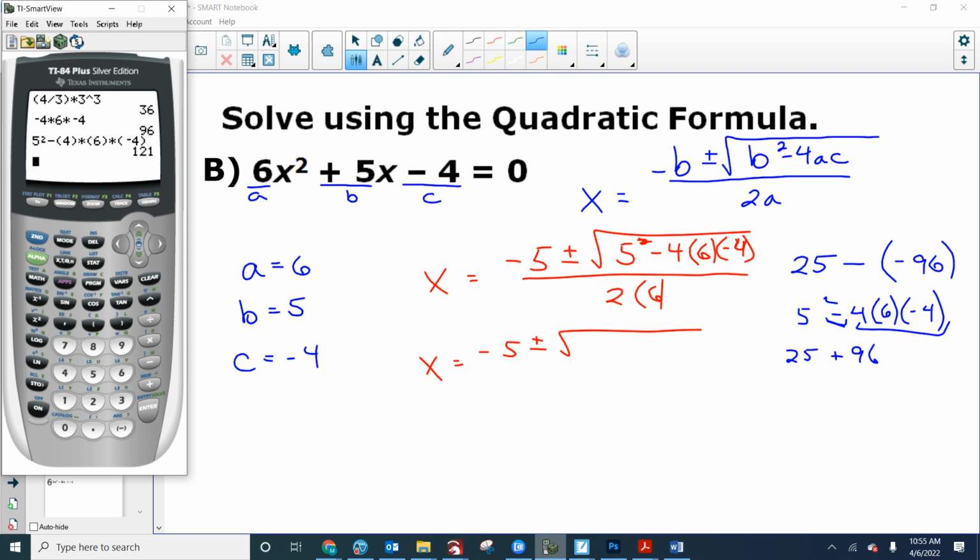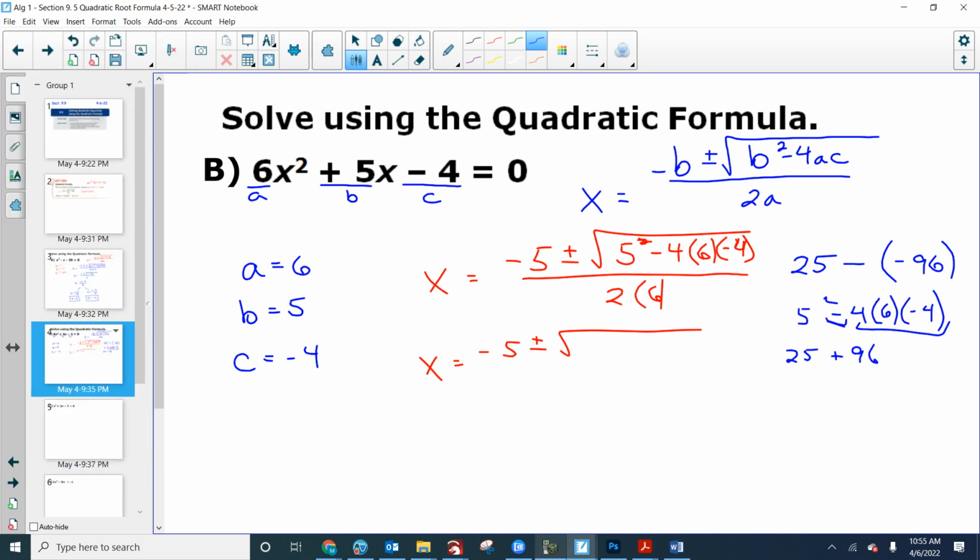That's 25 plus 96. So if you type it in all at once, you should get the same thing. Just be careful and you should be fine.